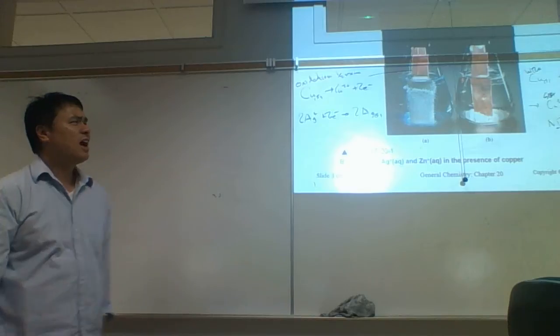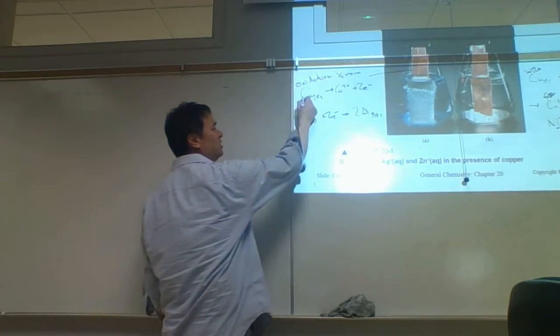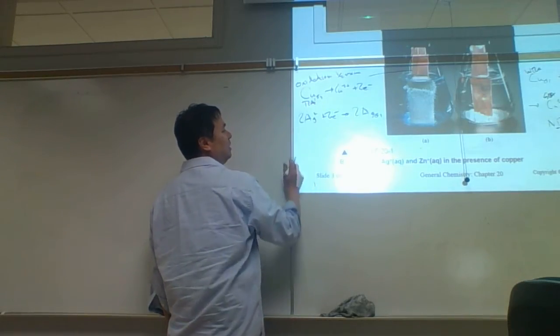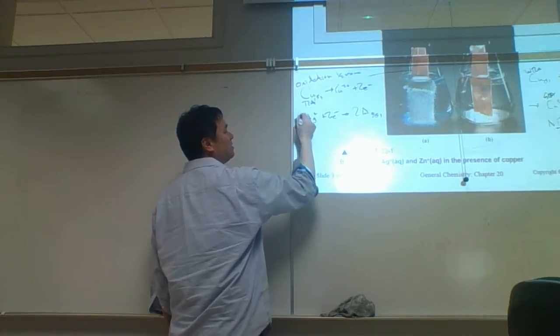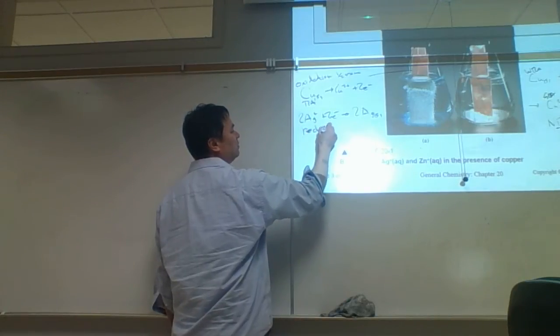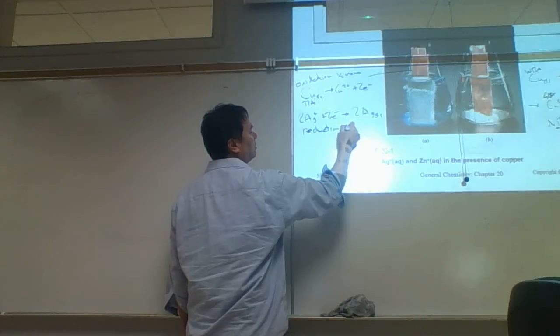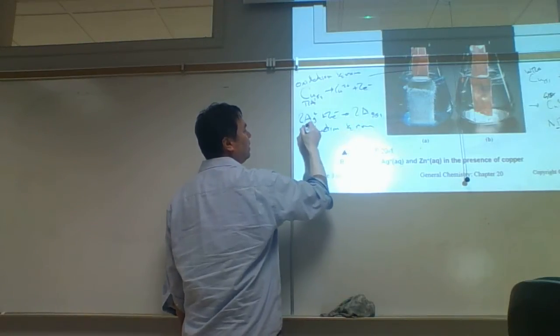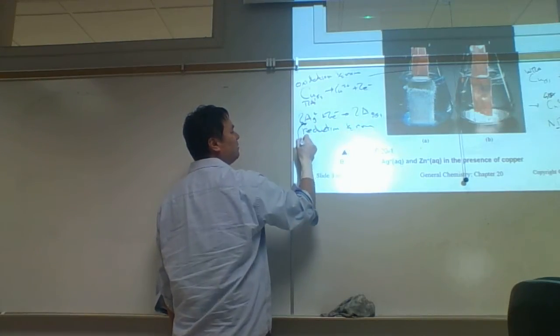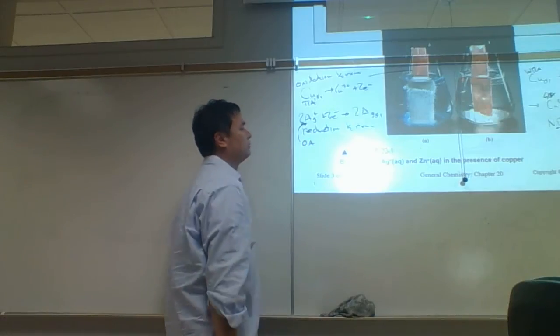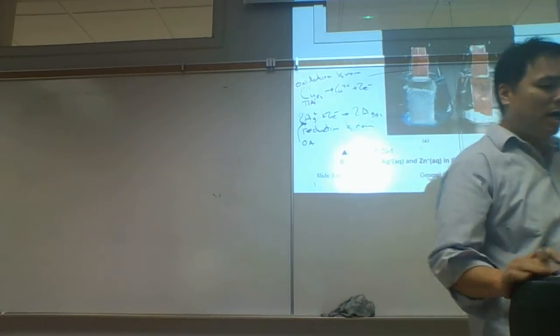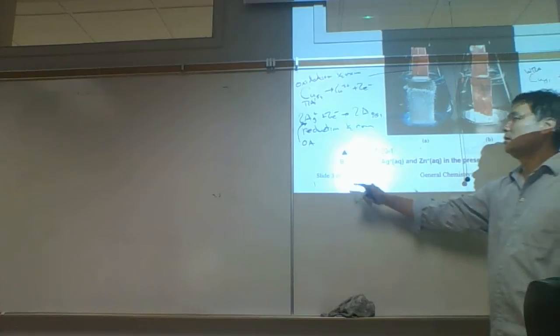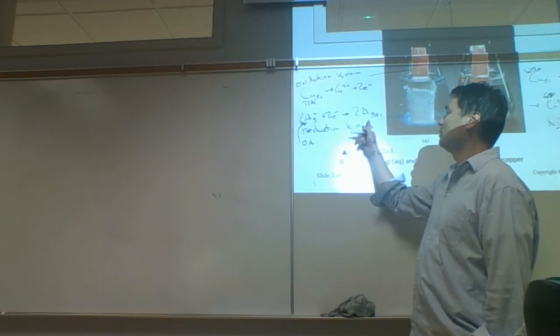In the oxidation half reaction, we have the reducing agent, copper. The second half reaction is called the reduction half reaction. And in the reduction half reaction, we have the oxidizing agent, silver ions.